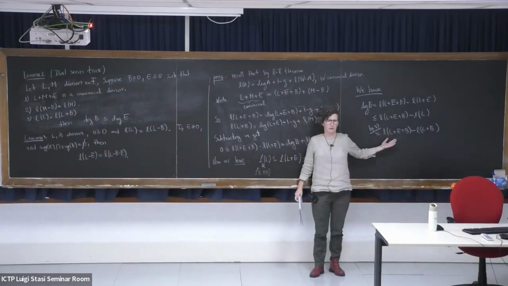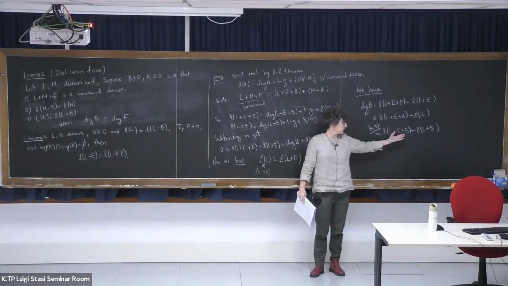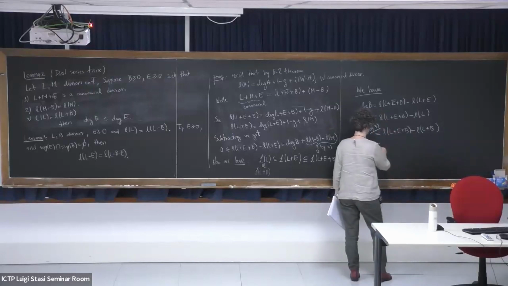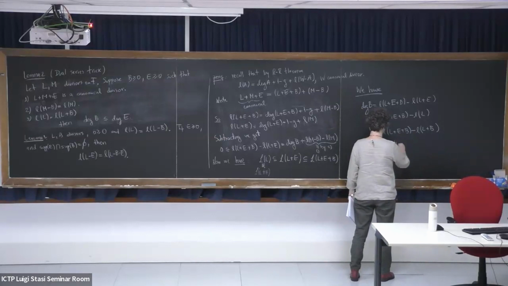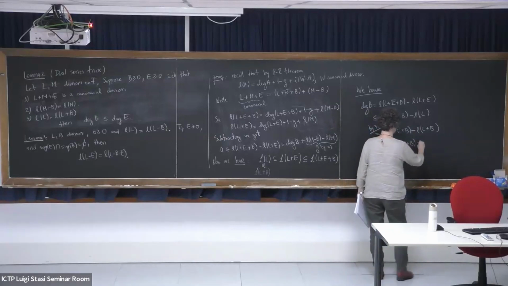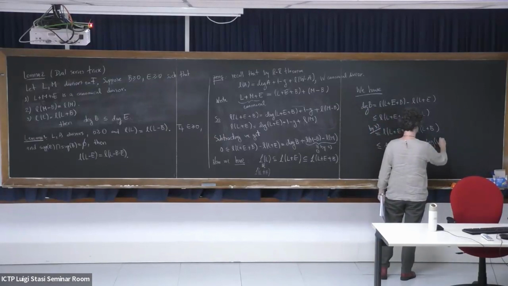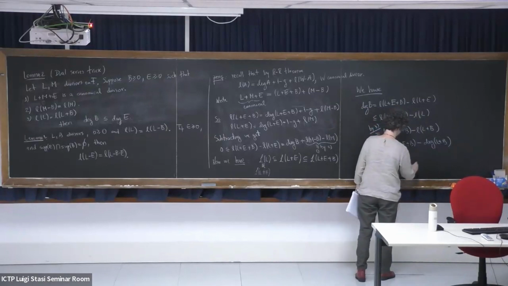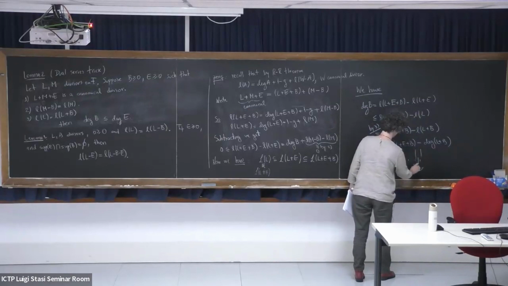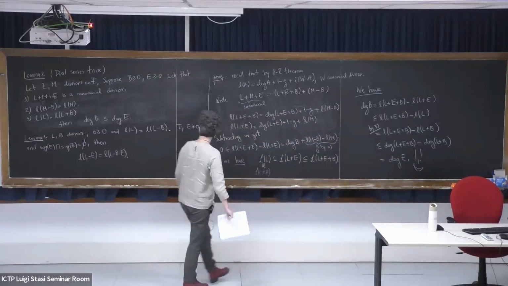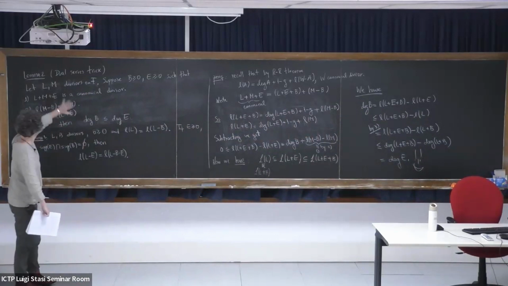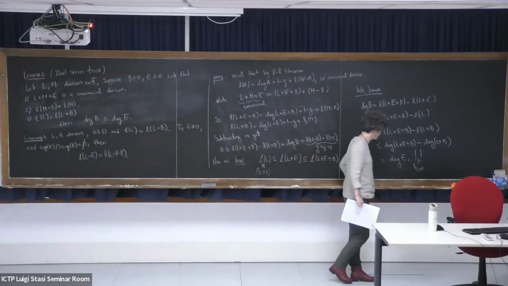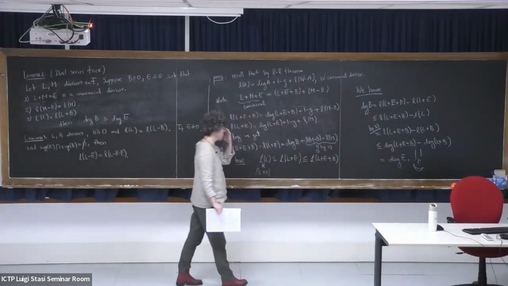The difference of dimensions is always smaller than the degree of the first one minus the degree of the second one, and then we keep what we want, the degree of E. So if you have divisors satisfying all this, you get this. This is all nice.